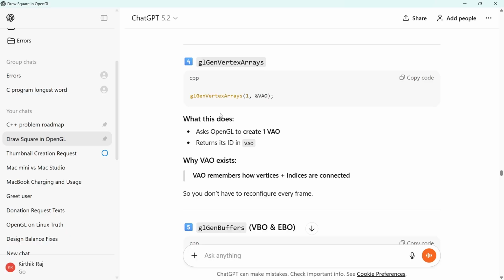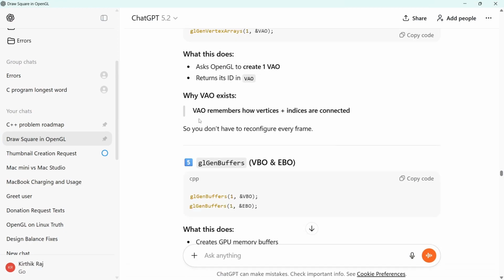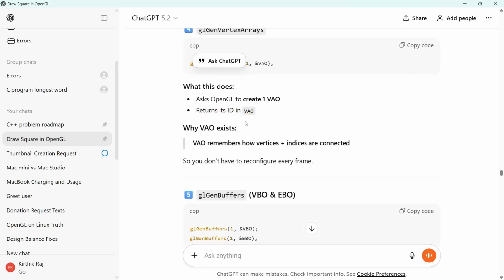What this does is ask to create one, and it returns an ID. The ID means an index, a number. So this is how the vertices and indexes are connected.